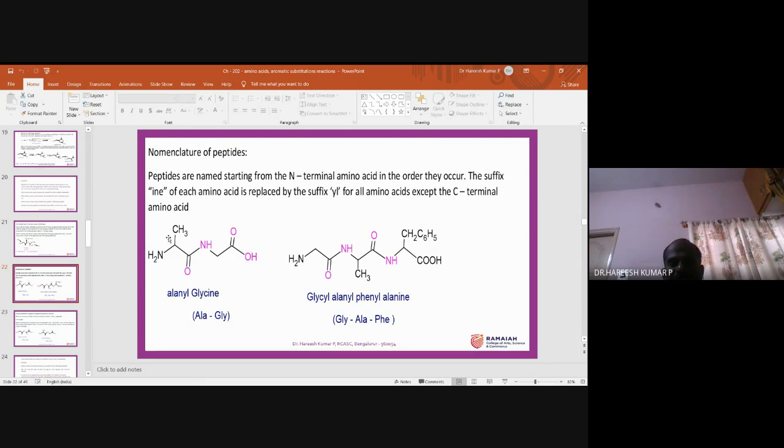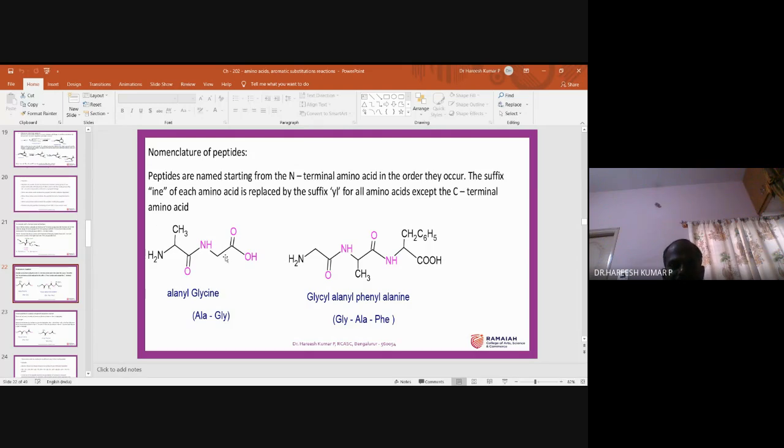I think you know that glycine, alanine, phenylalanine, all these end with INE. So when you are naming, INE should be replaced with YL for all amino acids except the C terminal. If it is the C terminal, you have to write it as such.